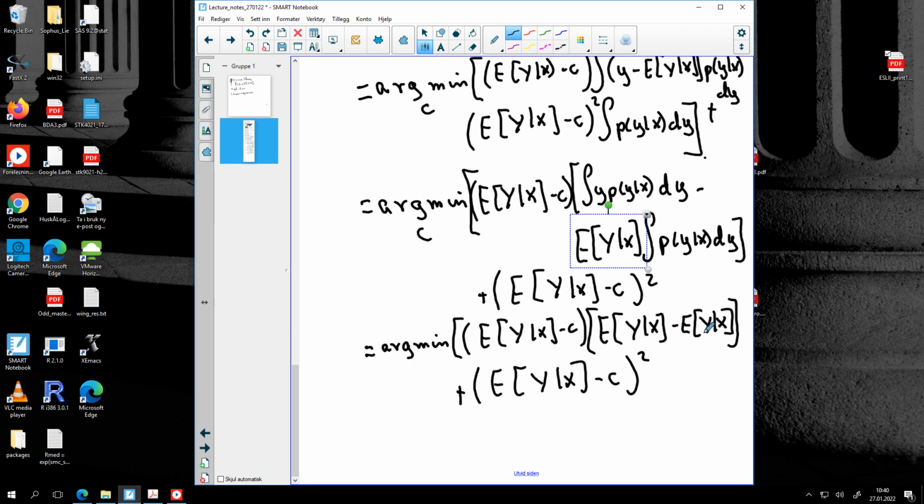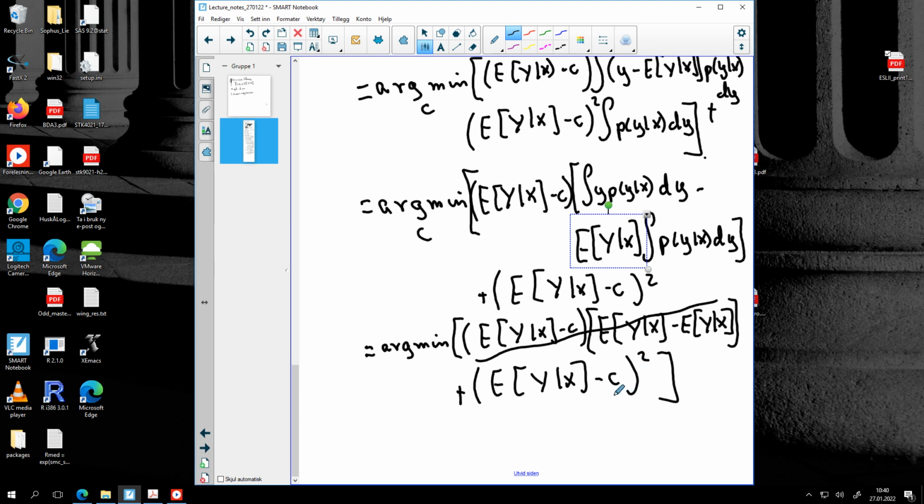Now we see that this first term, we have the expectation of y given x minus the expectation of y given x. That's just 0. So this cancels out. And the only thing that is remaining is this. Now, because we have the square here, it's always greater than or equal to 0.